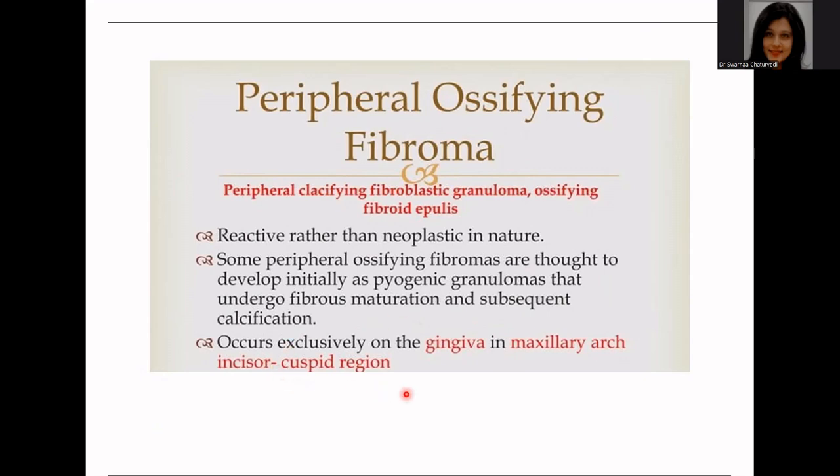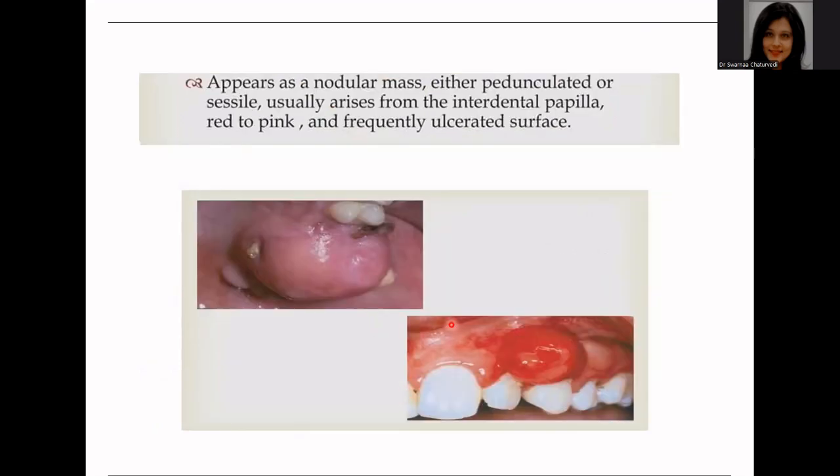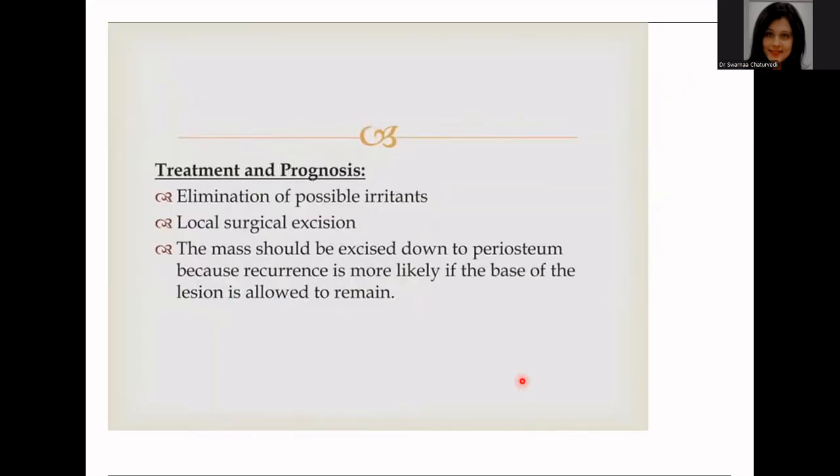Remember, any growth seen in this region is most likely to be POF. It is seen as a nodular mass, either pedunculated or sessile. It usually arises from the interdental papilla, as seen in this picture, and it can be red to pink, and frequently an ulcerated surface is seen.